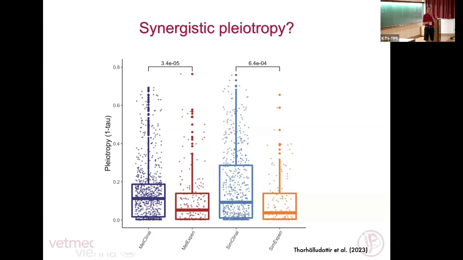So our interpretation of this result is that maybe it's wrong to overemphasize the negative effects of pleiotropy. The interpretation of the data could be that it's not negative pleiotropy dominating the response, but in fact positive pleiotropy, synergistic effects. They have been segregating in these populations, and these populations have been filtered for synergistic effects.